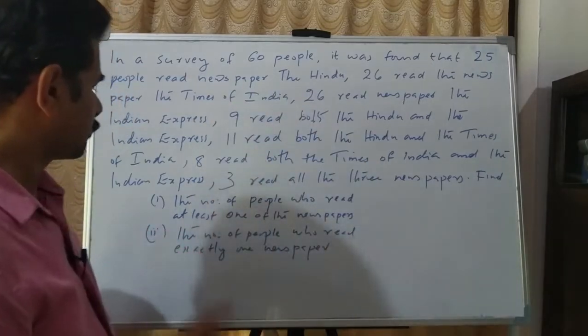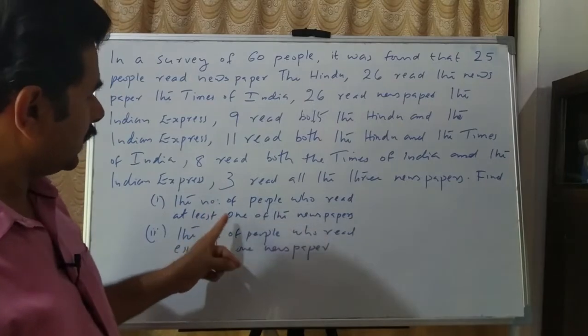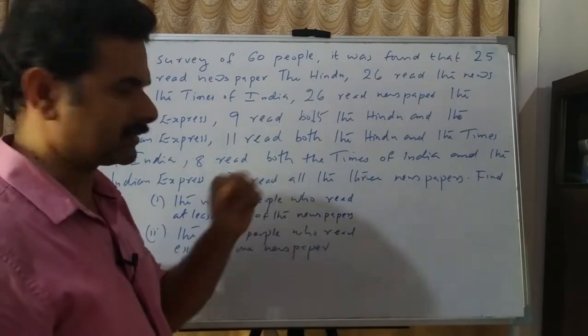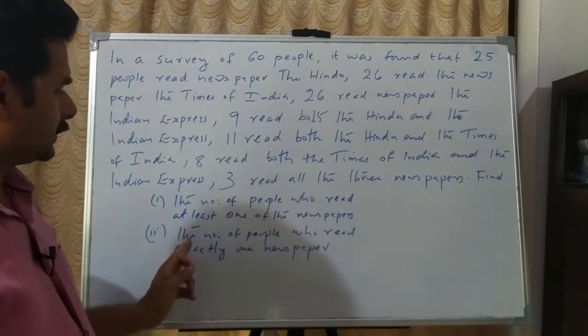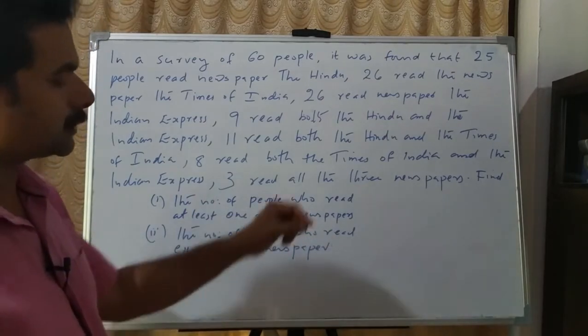Find, first, the number of people who read at least one of the newspapers. Second, the number of people who read exactly one newspaper.